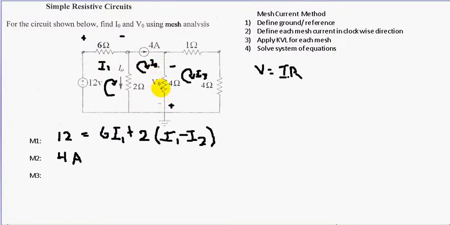This is another convention, but current always goes from plus to minus through a resistor. So we have 4 ohms times I3 minus, notice that the current through this 4 ohm resistor is going up in the same direction as I3, minus this direction of I2.